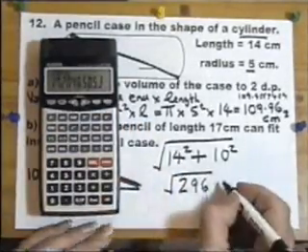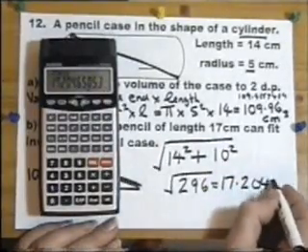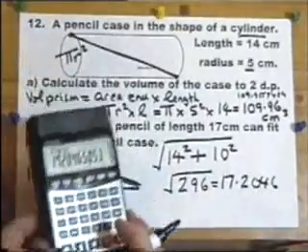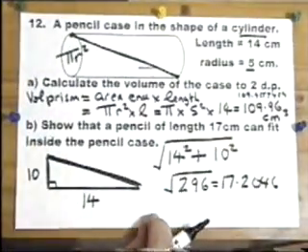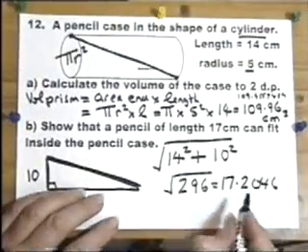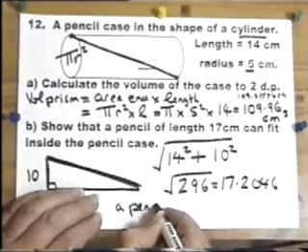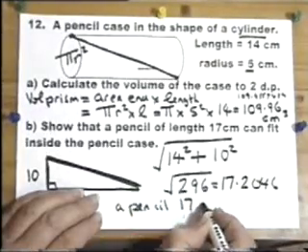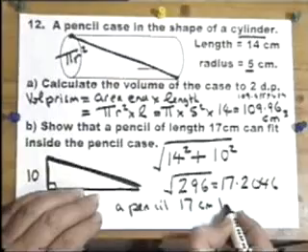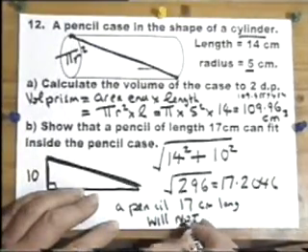Now this actually comes to 17.2046. So in fact a pencil of length 17 centimetres actually can't fit in the pencil case. So a pencil 17 centimetres long will not fit.